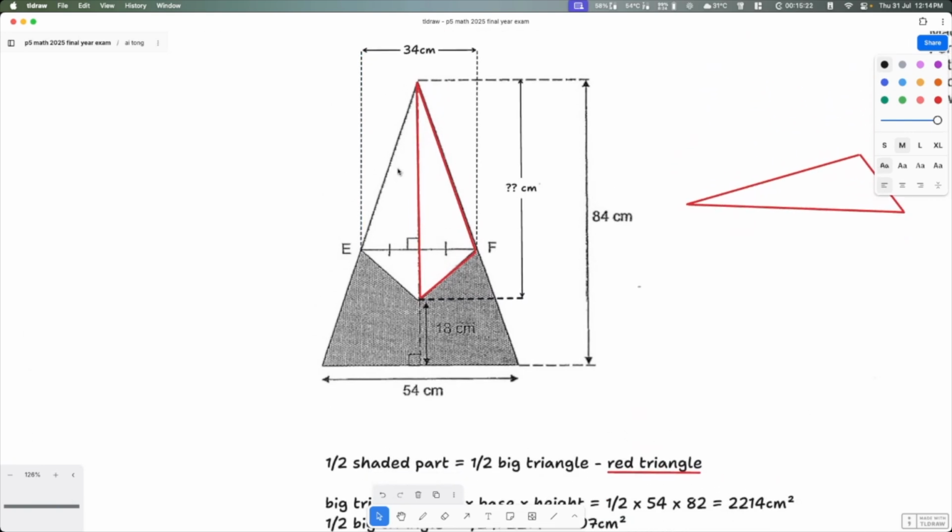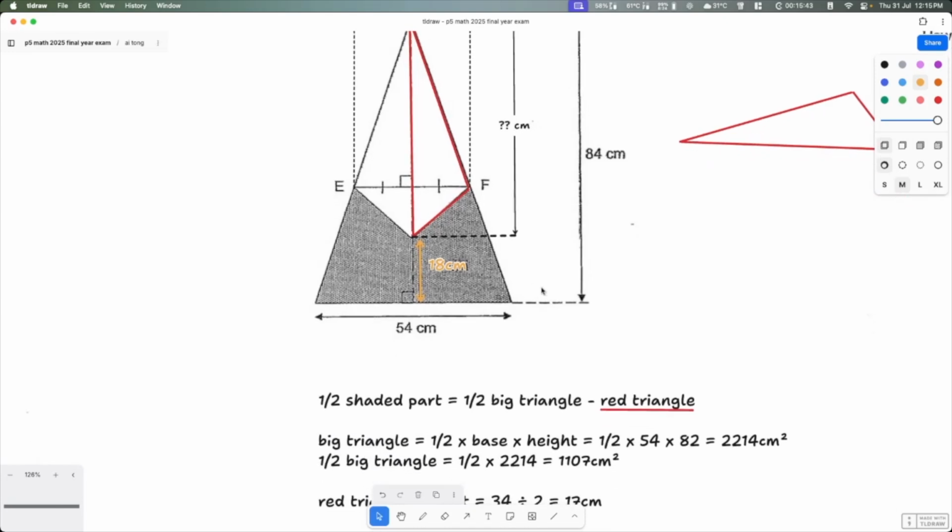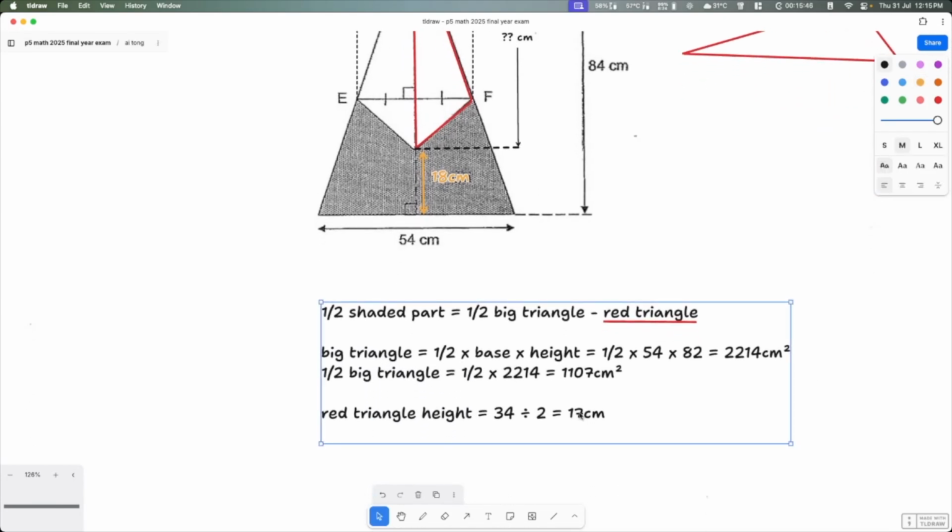What about the base? The base over here, we know that this is 18 centimeters. If you really can't see, I'm just going to put yellow, 18 centimeters, so it's easier to see. I'll put the arrow as well. So this whole thing is 18 centimeters.